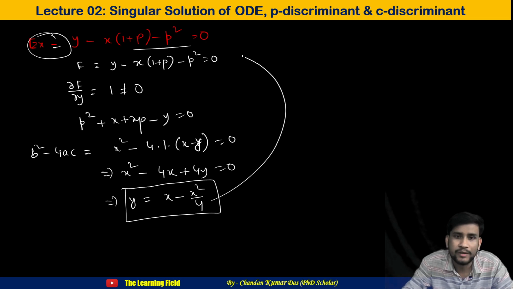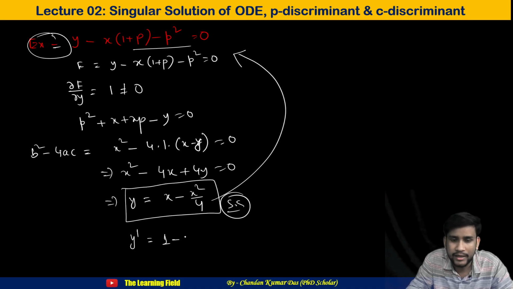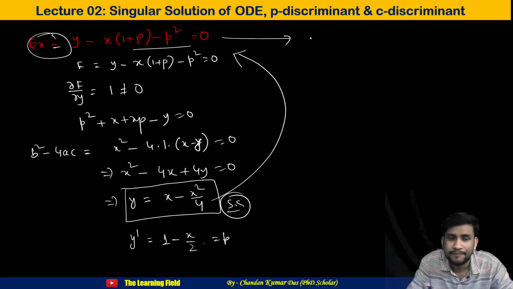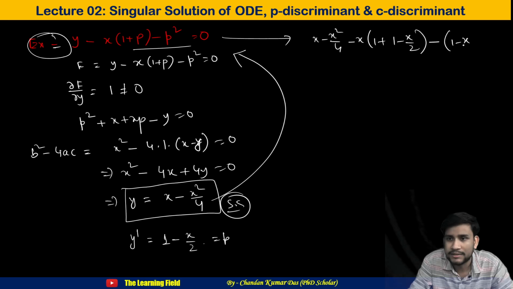Now, if this satisfies the differential equation, then this will be the singular solution. So what is the value of y dash? Y dash equals 1 minus x by 2, and this is p. So check whether this satisfies or not. Y means x minus x square by 4, minus x into (1 plus p), that is 1 plus 1 minus x by 2, minus (1 minus x by 2) whole square. Will this be 0 or not?